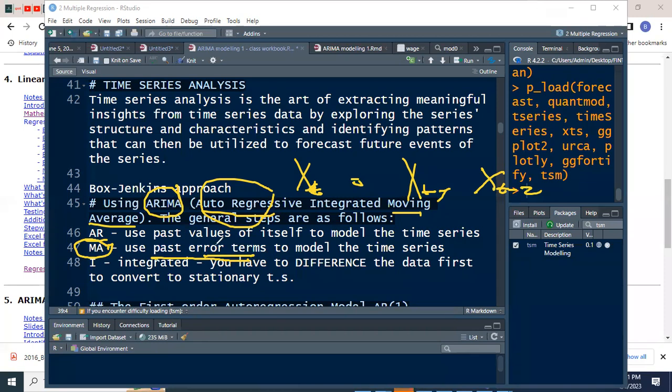But for now, just understand that error terms are the difference between the actual and a particular value. And then you have your I here, which stands for integrated. I'll explain in a while what integrated means. So, continuing here.